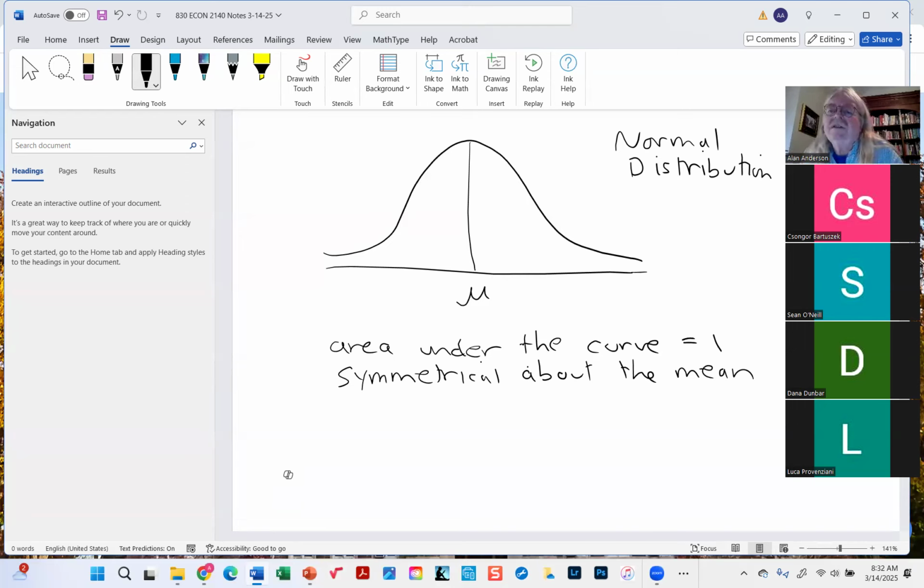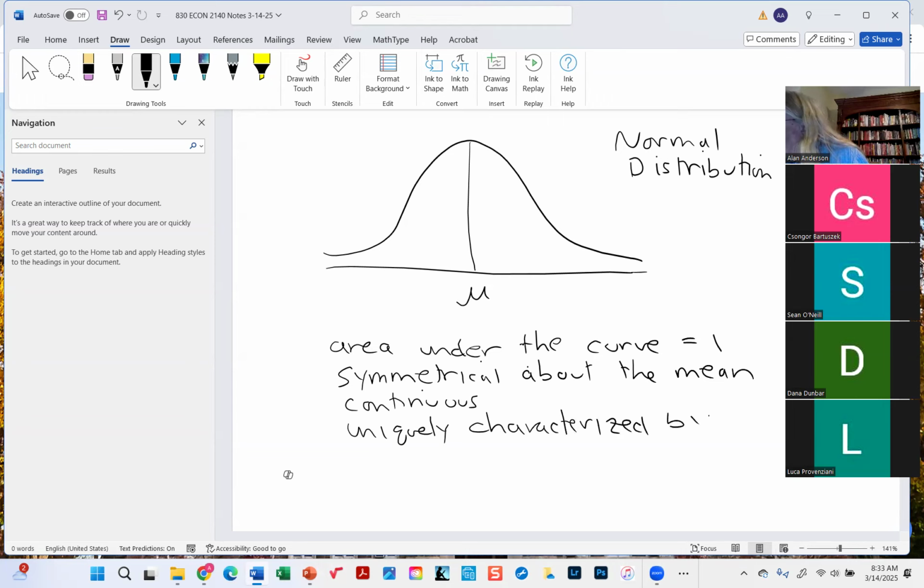As we saw in class, areas in the right tail match up with areas in the left tail. So it's symmetrical about the mean. Of course, it's continuous, meaning that there's an infinite number of possible values for the normal distribution. And it is uniquely characterized by the mean and standard deviation.